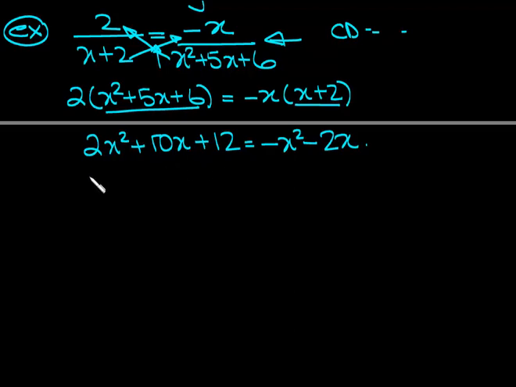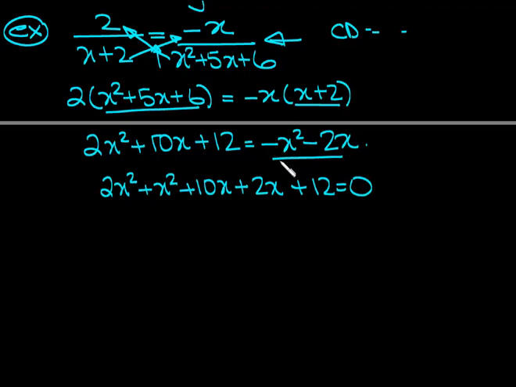So we move all the x terms to one side, so we get 2x squared plus x squared plus 10x plus 2x, and I did pick a bad example here, is equal to, let's see, minus 12 is equal to 0.